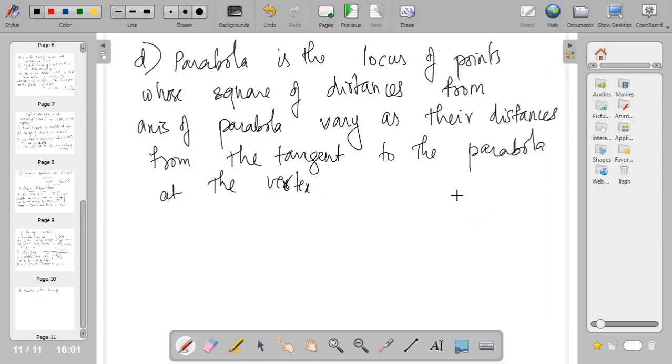So suppose you have a parabola. This is the axis of the parabola and this is the tangent to the parabola.